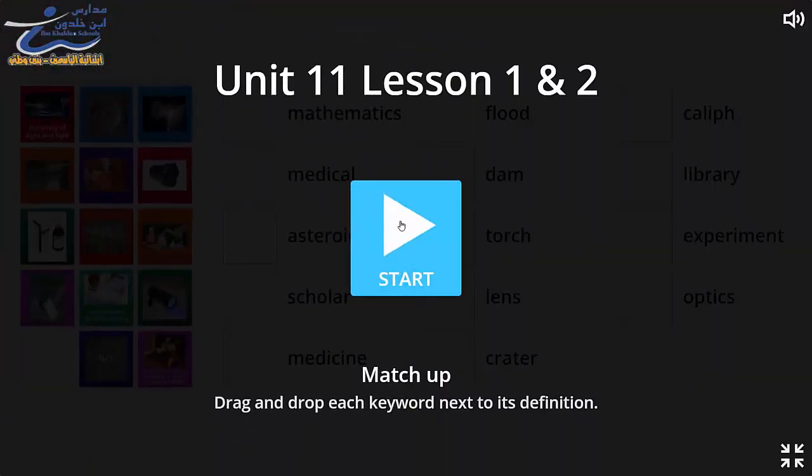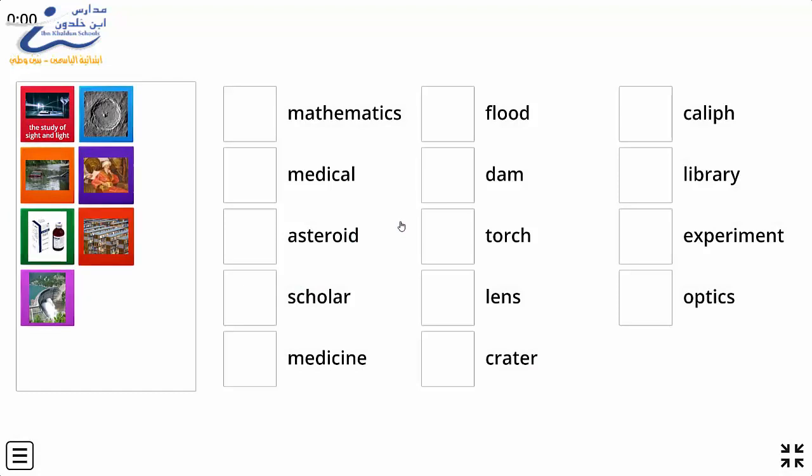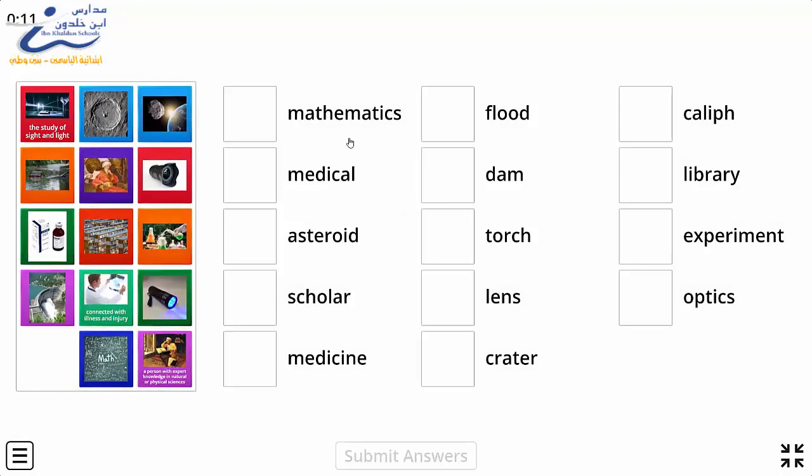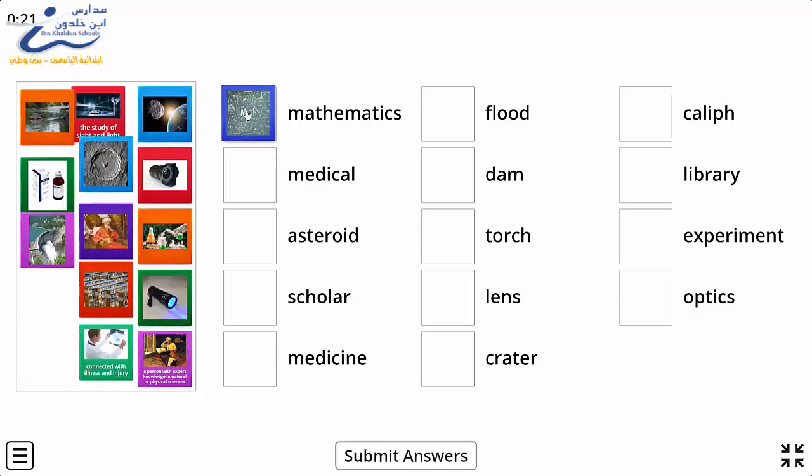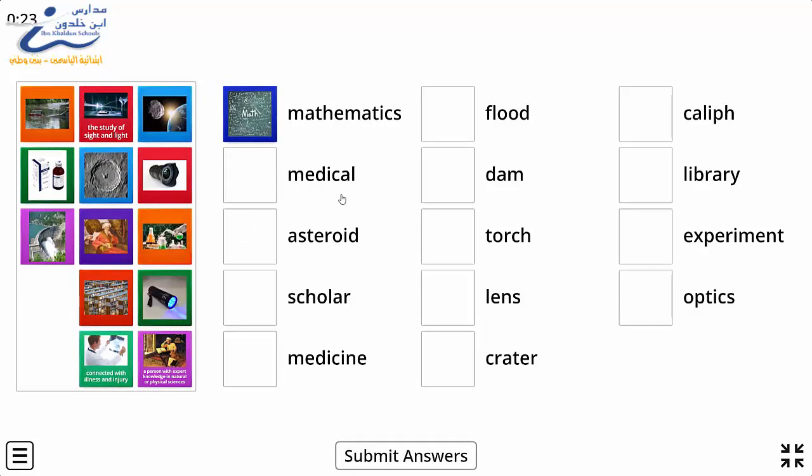Before reading, we are going to study vocabulary as usual by using word wall. Listen and repeat. Mathematics. Excellent. Maths. Medical.